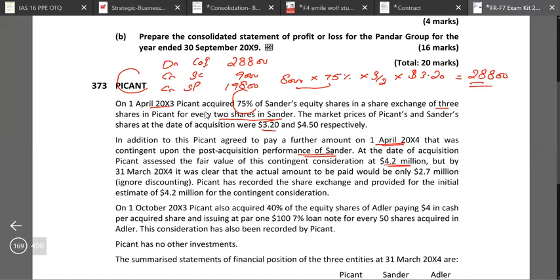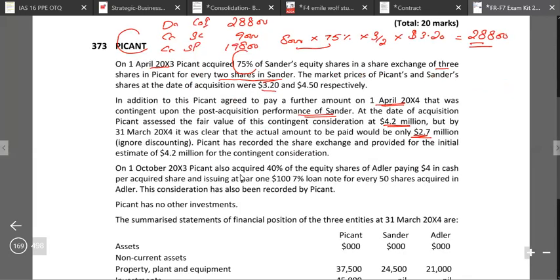So at the date of acquisition, they were supposed to pay 4.2 million, but by 31st March 2004, it was clear that the amount to be paid would be 2.7 million. At the year end, the liability was clear, so they were sure. Ignore discounting.